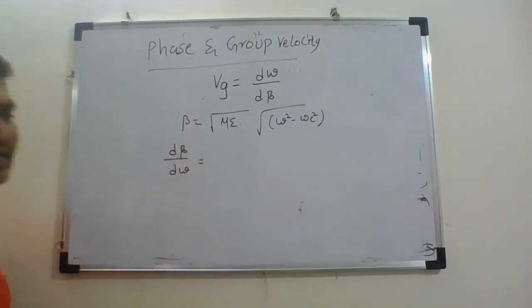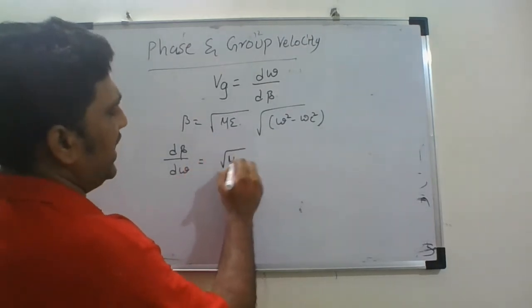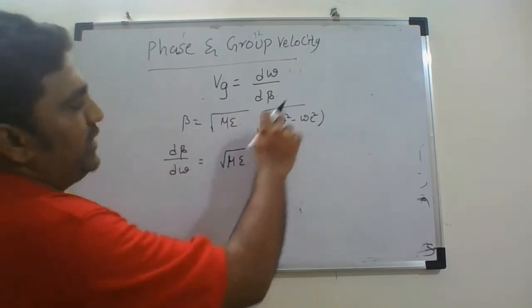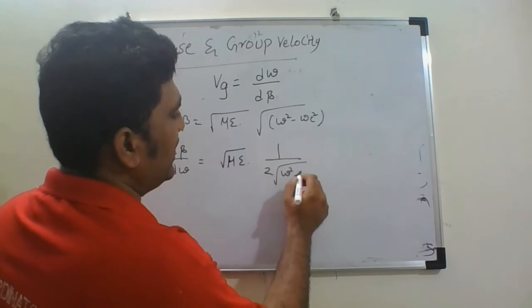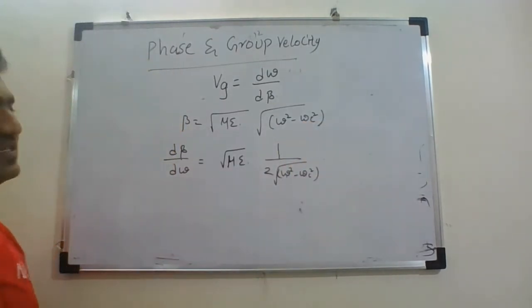So d beta by d omega is equal to root mu epsilon, which is a constant so we can put it as it is, into the derivative of root x, which is 1 by 2 root x. So 1 by 2 root of omega square minus omega c square, into the differentiation of the inside.